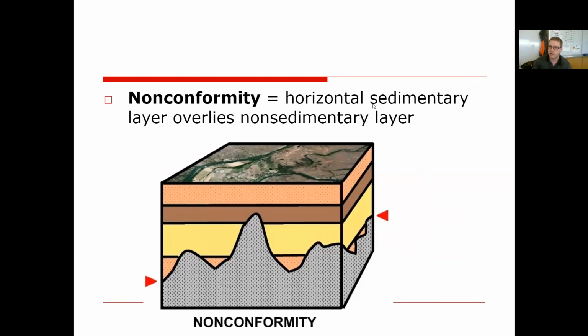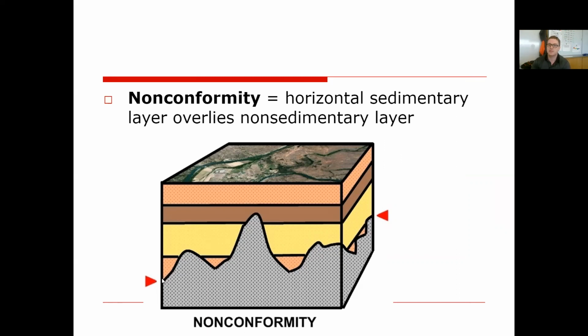where you have a horizontal sedimentary layer being deposited over non-sedimentary rock. So a nonconformity here, it looks like we have some sort of magma intrusion that cross-cut a whole bunch of layers. And then maybe there was a bunch of erosion that happened. Maybe this came to the surface through uplifting.